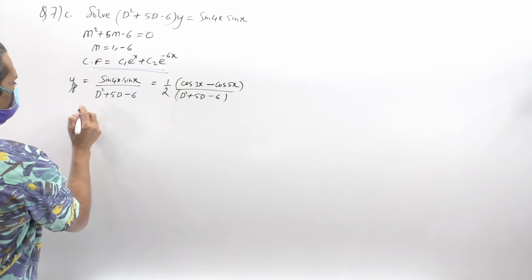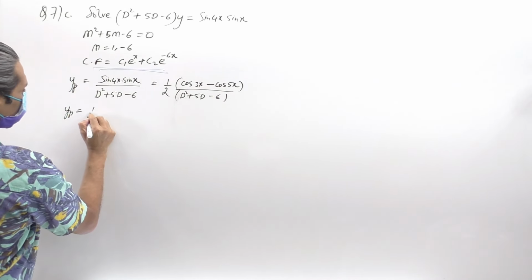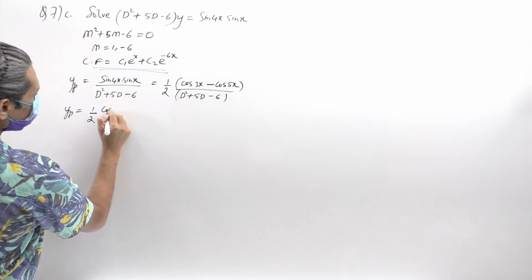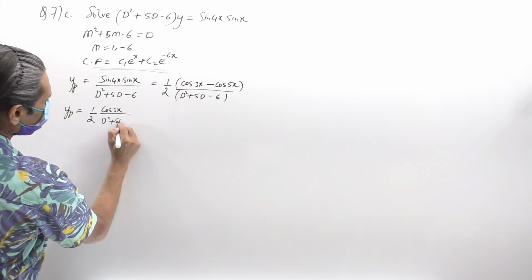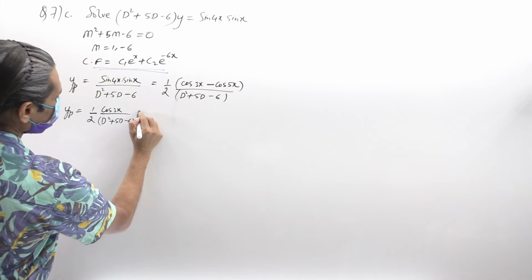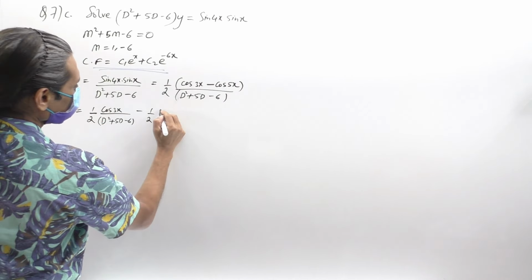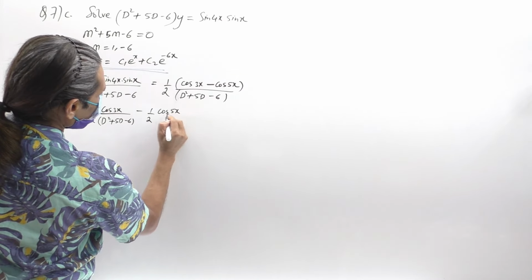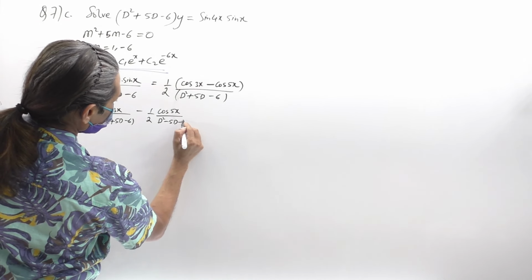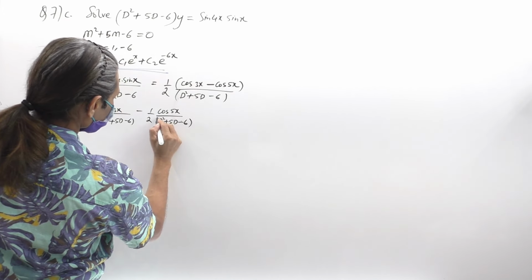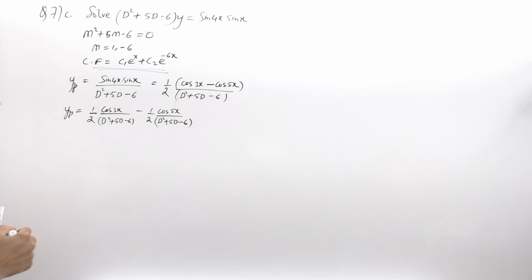Now since there is a minus sign, separate it, so yp becomes 1 by 2 cos of 3x divided by D square plus 5D minus 6, minus 1 by 2 cos 5x divided by D square plus 5D minus 6. Now obviously this is type number 2.